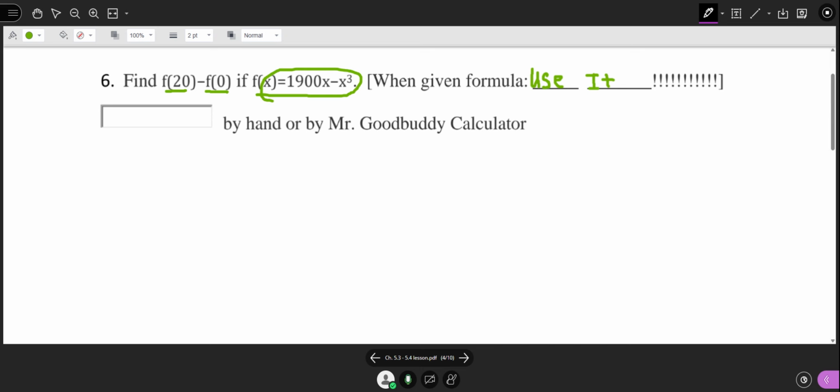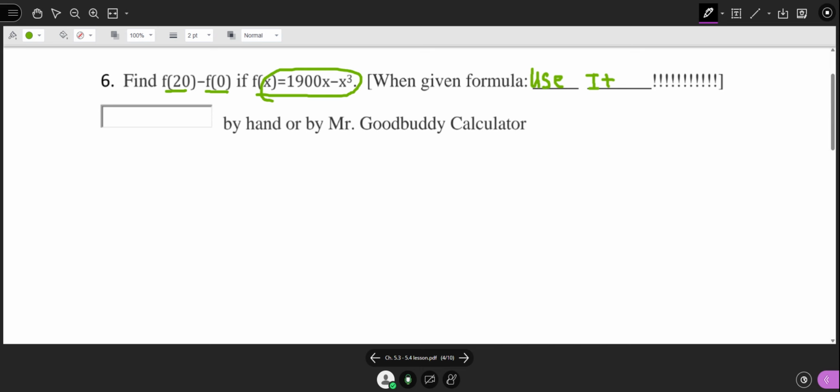Now, let's put a 20 in here. Now, this said f of 20 minus f of 0.